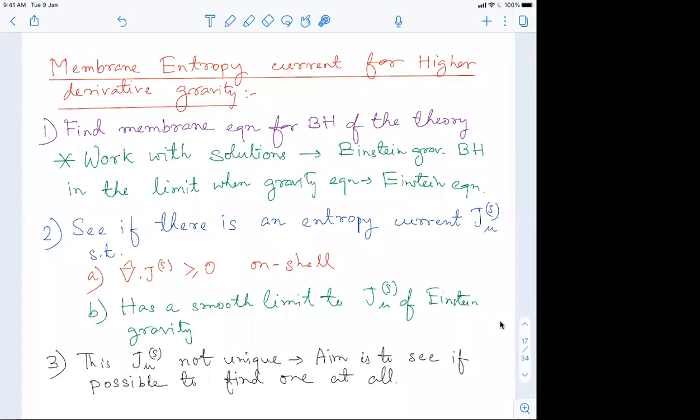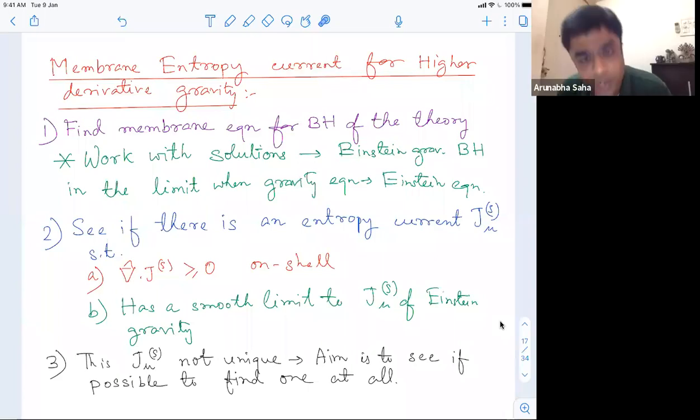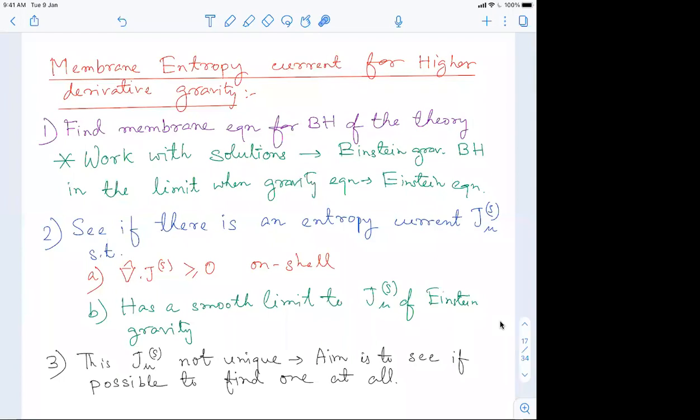Only the leading expression of the current matters for this, right? Because it's a positivity equation, the subleading terms will not add to any constraint. Is that correct? Can you say? I'm not quite sure I understood what you said. I mean, this current presumably also gets some corrections, right? Yes.